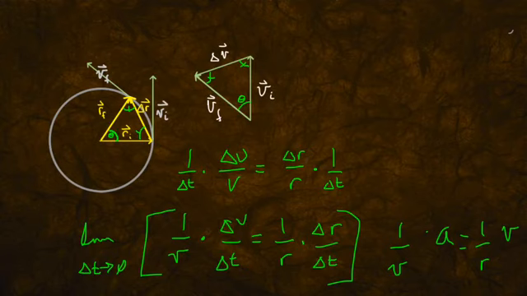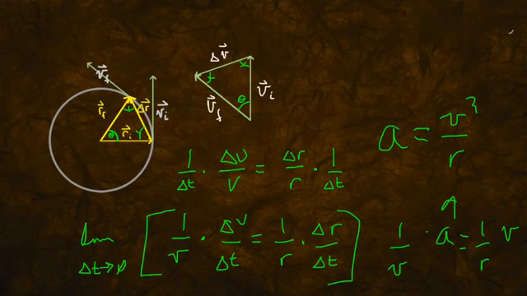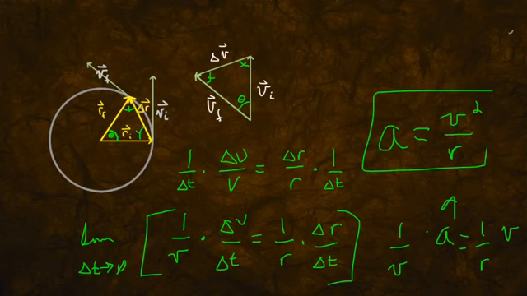Okay. What we're going to do is solve this for a. So I'm going to move up so I have some space here. If we solve this for a, we're going to multiply both sides by v, right? To solve for a, and we get a equals v squared over r, and this is the magnitude of our acceleration when we travel in a circle.